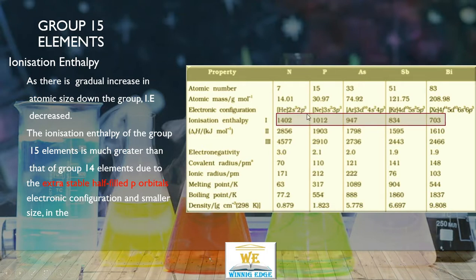We know the p subshell has 3 orbitals and there are 3 electrons as well, so all 3 orbitals will be occupied by a single electron. The half-filled configuration has extra stability, which causes their ionization enthalpies to be higher than group 14 elements. We see a considerably high first ionization enthalpy, but it gradually decreases down the group because of the increase in atomic size.